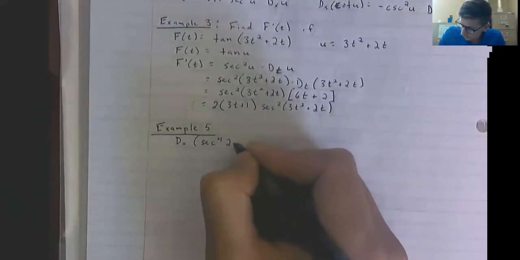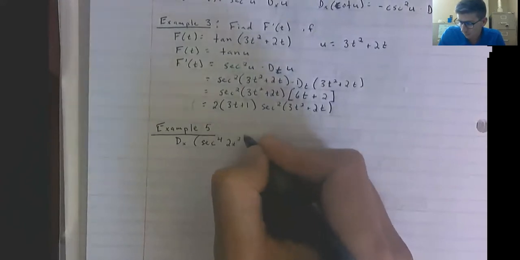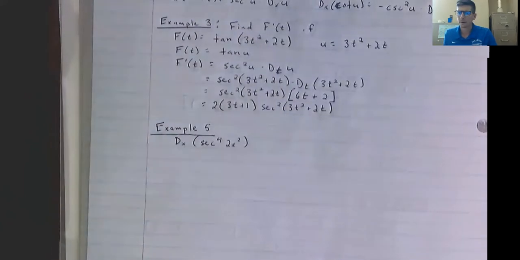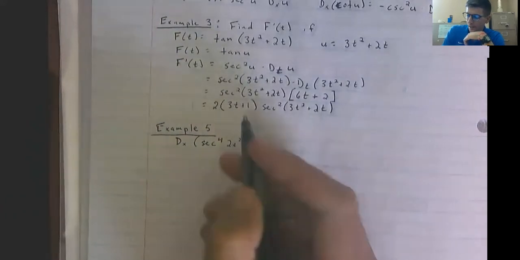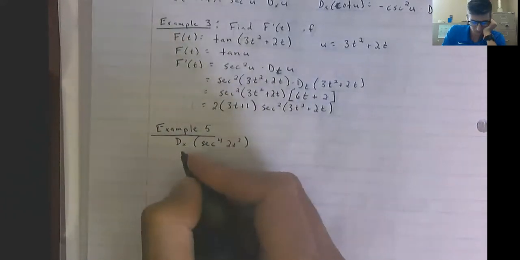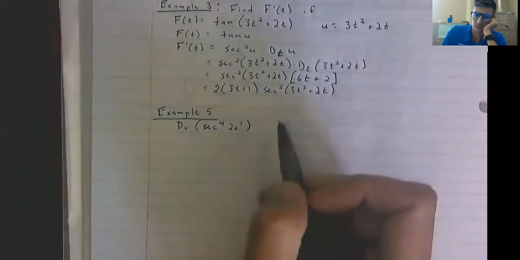of 2x squared. Yeah, good stuff. So I think for our purposes, we're going to be explicit about what's going on here.